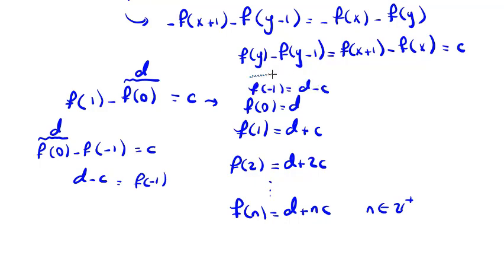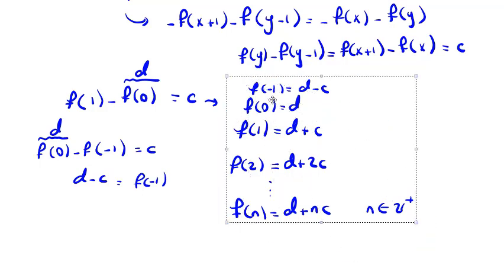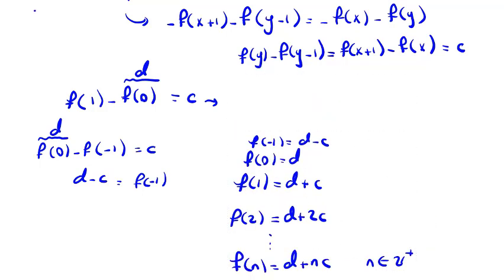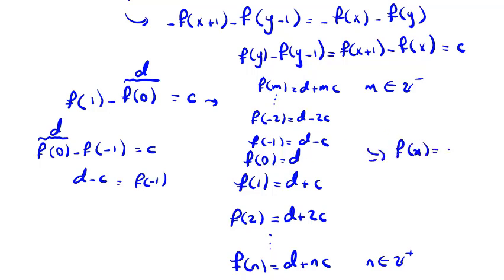If I write for negative numbers also, I will see that f of negative 2 is d minus 2c. So I can say f of m, where m is a negative integer, is d plus mc. Also for 0, it is true. So we can conclude f of x equals cx plus d for all x that are integers.